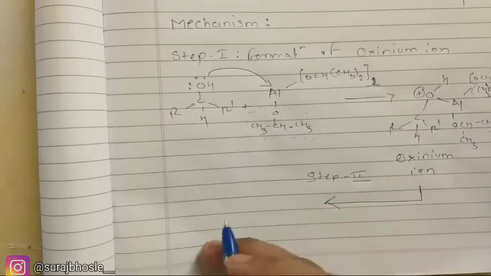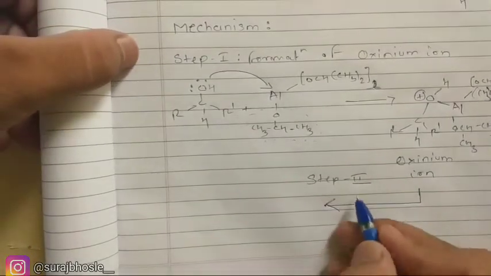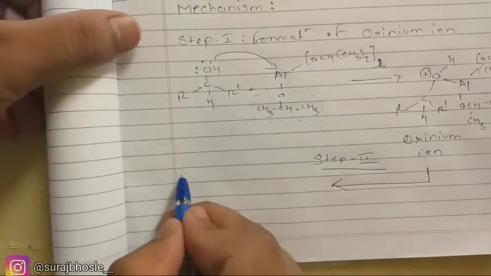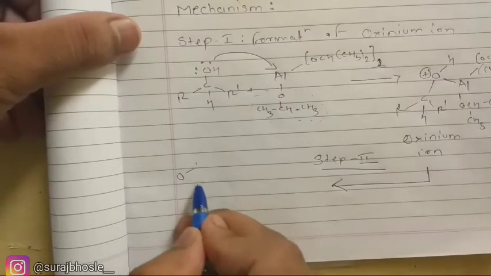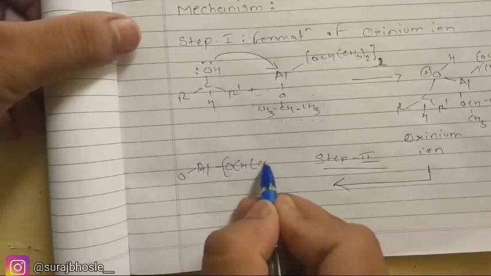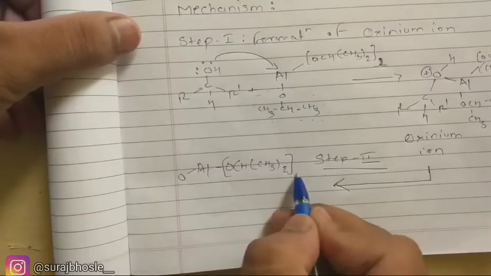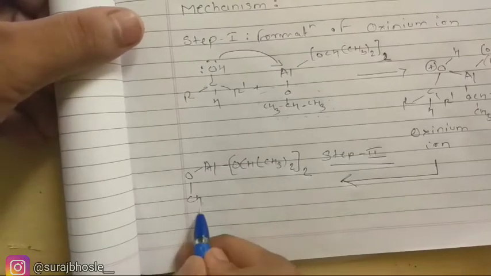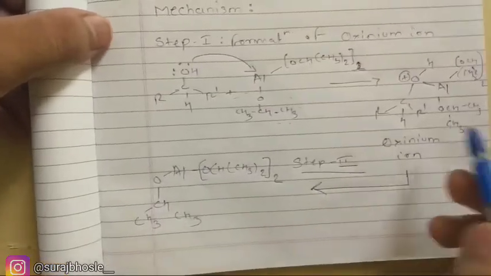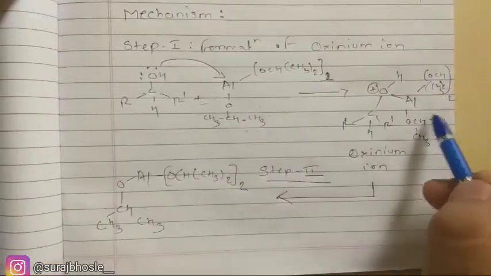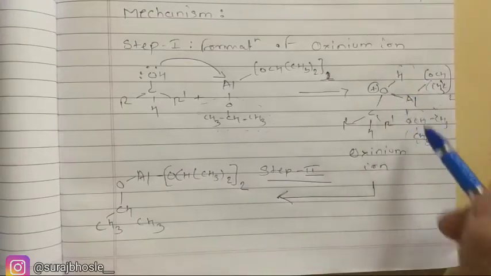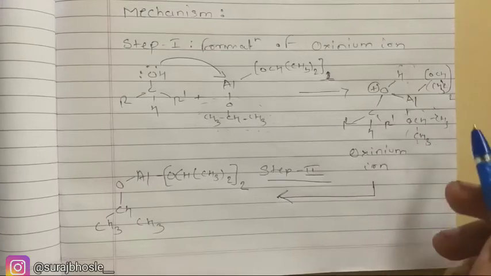Now this oxonium ion will form an intermediate. The formation of the intermediate is step 2. The intermediate will be like this: O, Al, O, CH3 twice. As this oxonium ion is unstable, one of the isopropoxide chains will take one hydrogen from there, and the isopropoxide will be lost from the reaction.